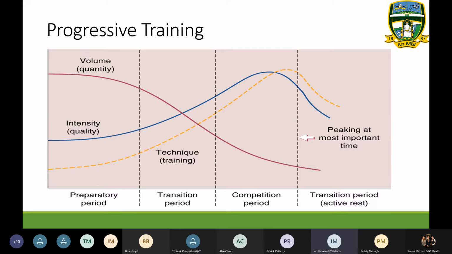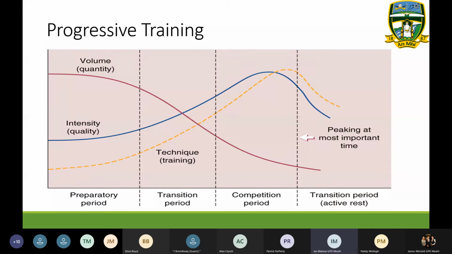The preparatory period is basically our pre-season, and ideally at the start of a pre-season, your volume of training is going to be high. That's your duration, or how much you're actually doing, and the intensity is the quality, like how difficult players are finding it. As you progress through the season, volume generally will start to go down and intensity will go up.